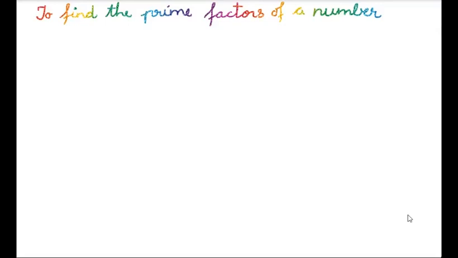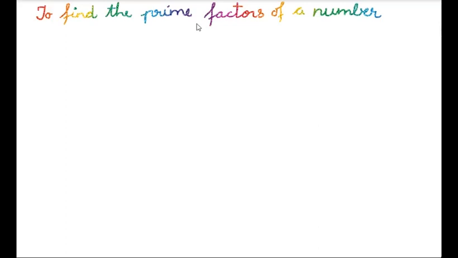Now let's learn how to find the prime factors of a number. Before that, we should know the prime numbers, isn't it? We have written and studied them. For example, 2, 3, 5, 7, 11, 13 and so on. I have given you the list of all 25 prime numbers from 1 to 100.